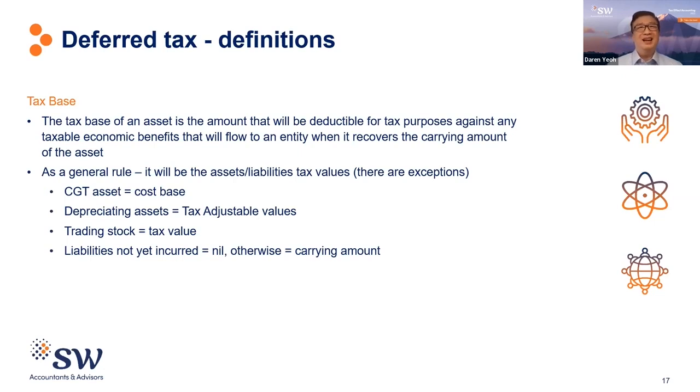Now, if you have something like land, for example, it may be regarded as being held for sale. So in that case, the tax base should equal the cost base, because you can deduct the cost base against the sales proceeds there. So that's something to be careful of when determining the tax base of CGT assets.